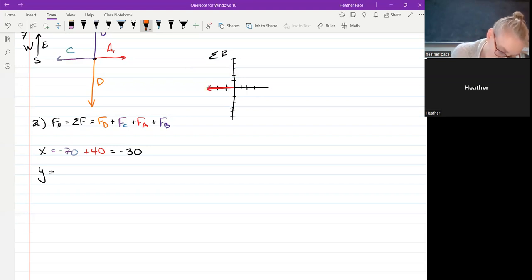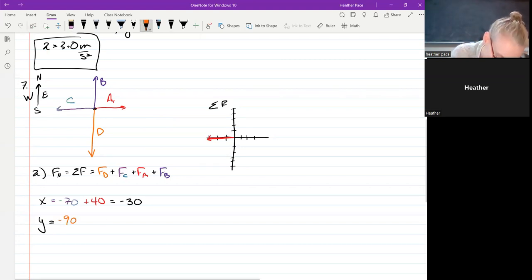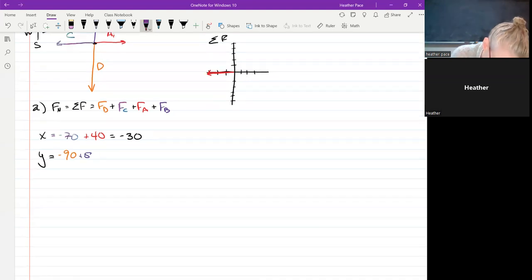So we're going to say that B is in the positive Y direction and D is in the negative Y direction. So we're going to say negative 90. And B is positive 50. Going to give us a net of negative 40.